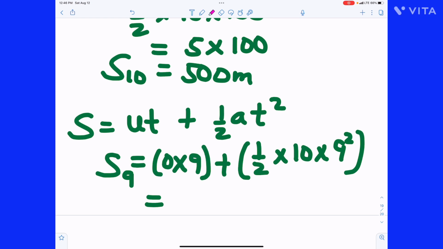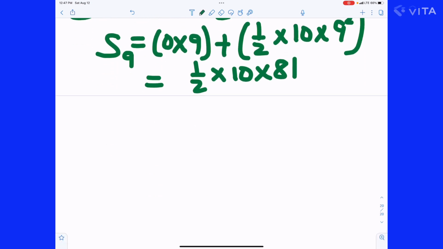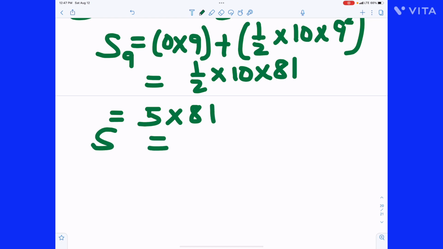You understand? You will be left with half times 10 times 9 squared, and 9 squared is 81. That gives you 5 times 81, and the distance traveled in 9 seconds is 405.